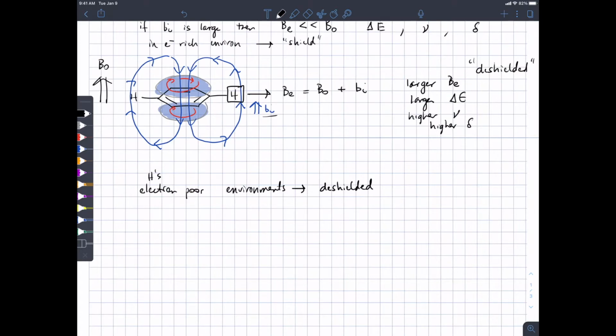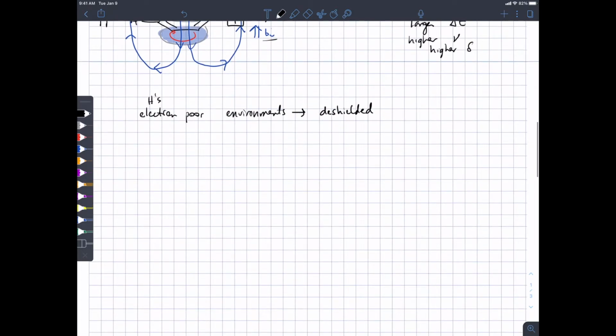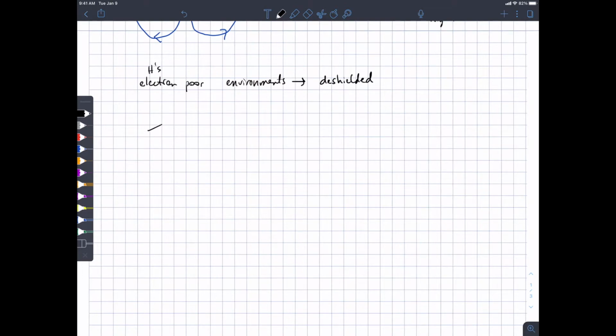Yeah? Can you create electron-poor environments by proximity to electronegative atoms? Yeah, good question. Absolutely. So a hydrogen on a methyl group will generally have a chemical shift that is near 1 ppm.